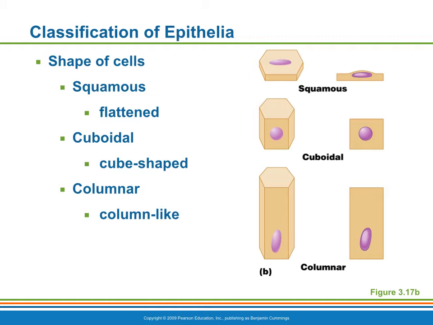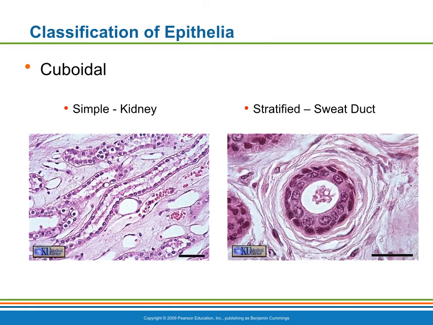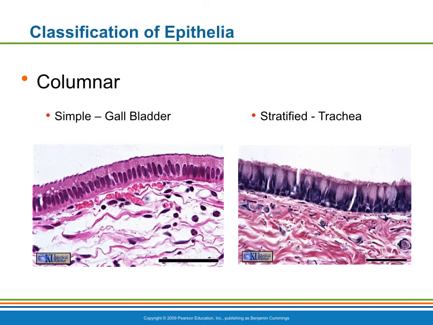Let's show you some different ones here. We have simple and stratified squamous, and here is the cuboidal, which is simple and stratified. Then we have the columnar, which is simple and stratified.